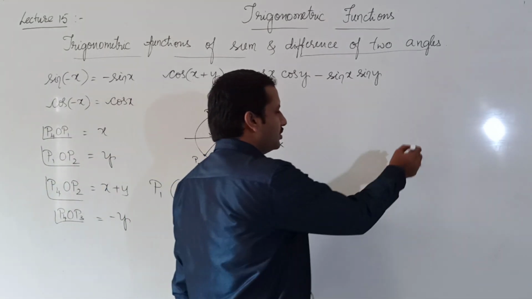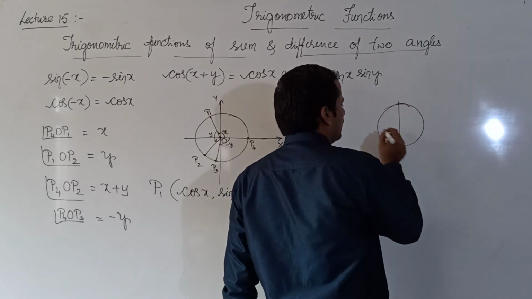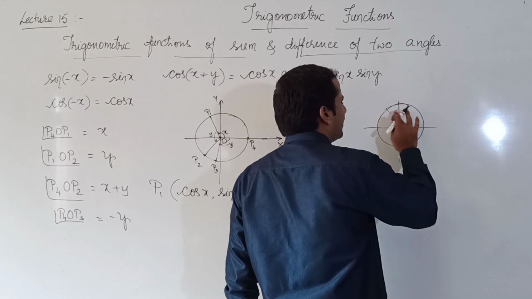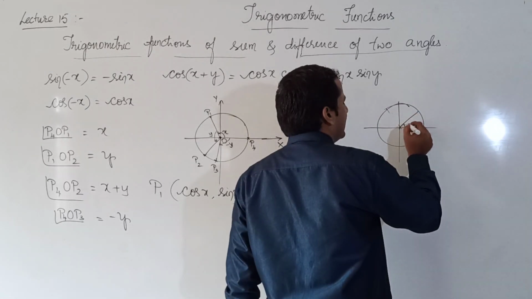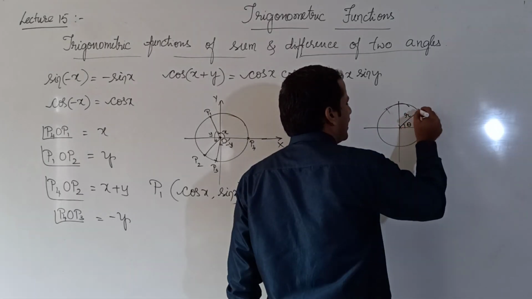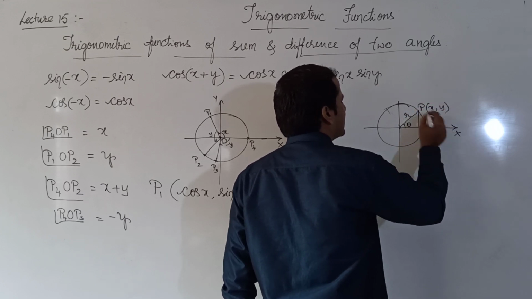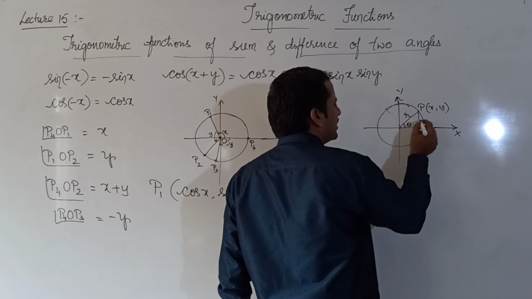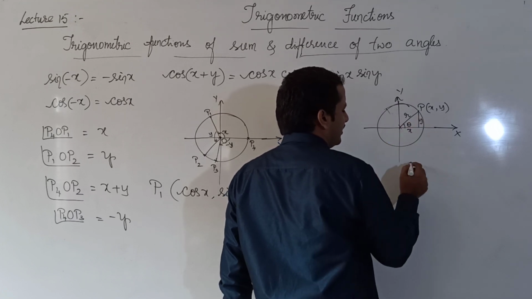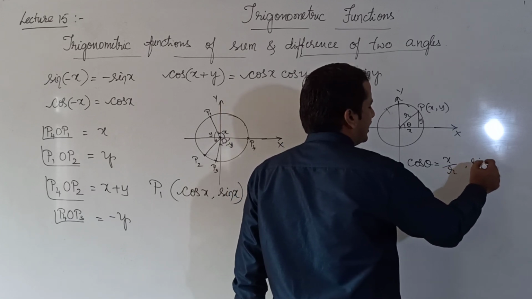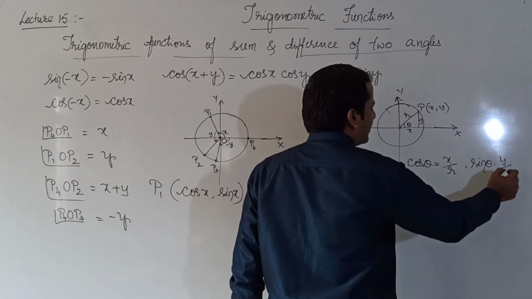I'll show that again here, for better understanding. This is theta, this is r, this point is P, x comma y, this is x axis, this is y axis. This is x, this is y. Cos theta is equal to x by r, sin theta is equal to y by r.